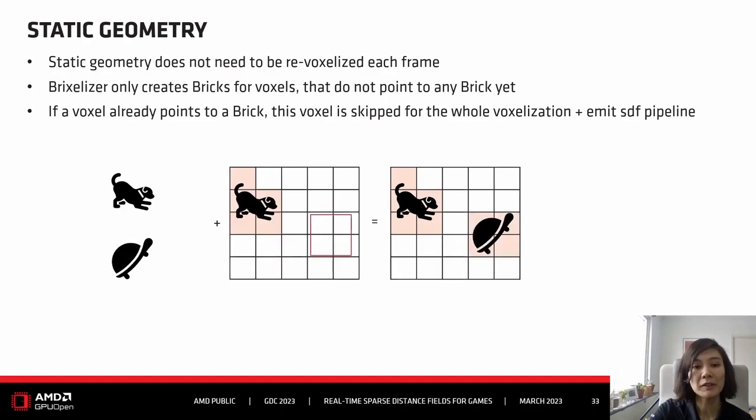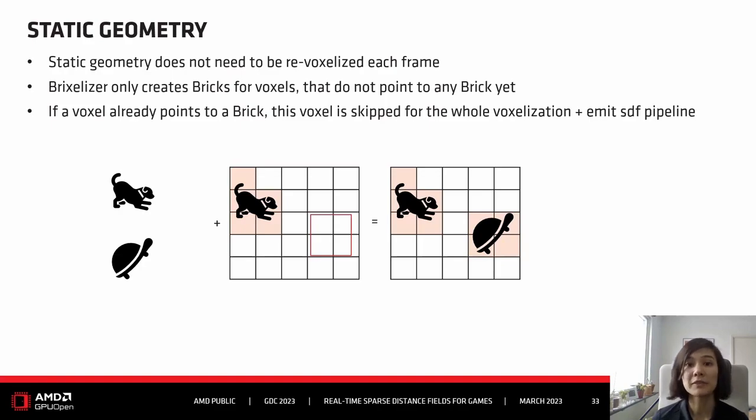Now, if at some point new geometry comes in, so we had the dog, and now we also have a turtle. When we do the update, we still check all the geometry. So we check the dog, we also check the turtle. But when doing this check, Pixelizer will notice, okay, the dog only intersects with voxels that already point to a brick.